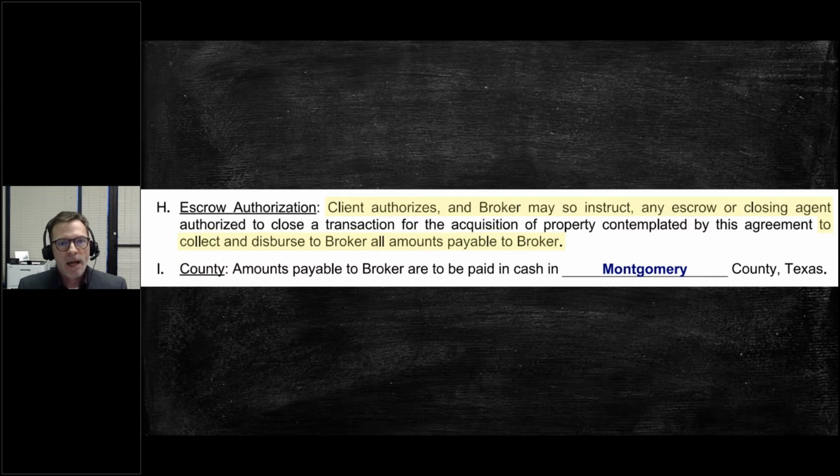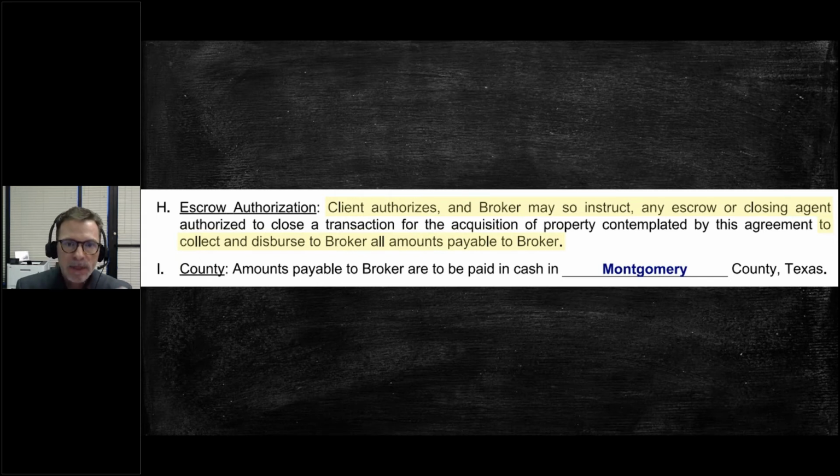Let's look at subparagraph I, county. Amounts payable to broker are to be paid in cash in blank county, Texas. Seen a couple of different things that people do here. Obviously, you want, well, maybe not obviously, you want to put in here the county in which your broker has their principal place of business.